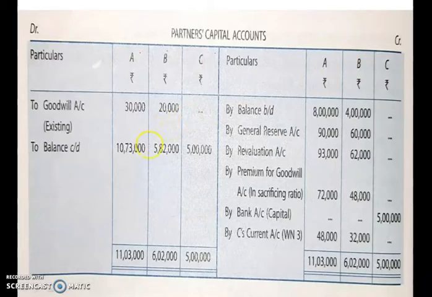Okay, remember children, the first item which should come under partner's capital account is the by balance brought down. Don't write any items in front of this. This should be your first item, by balance brought down. And from where will you get this amount? You have to look into the last year balance sheet.